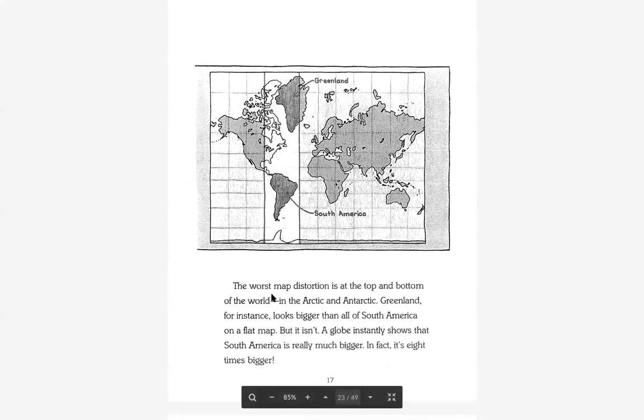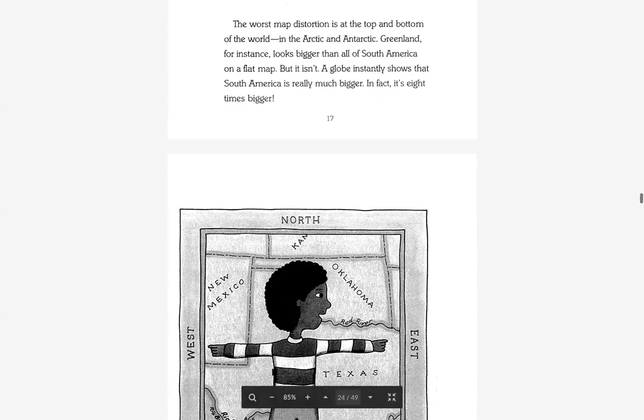The worst map distortion is at the top and the bottom of the world in the Arctic and Antarctic. Greenland, for instance, looks bigger than all of South America on a flat map, but it isn't. A globe instantly shows that South America is really much bigger. In fact, it's 8 times bigger.